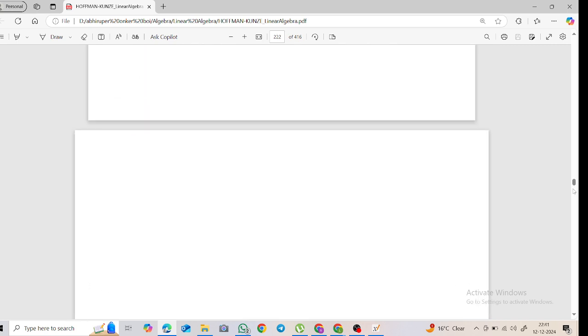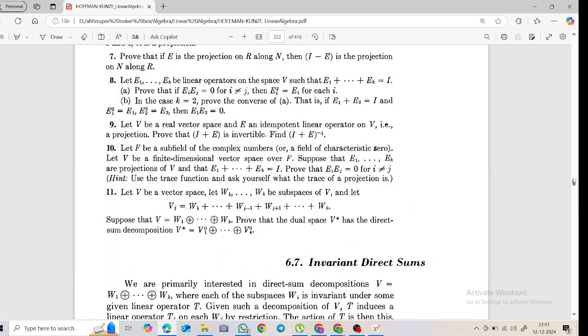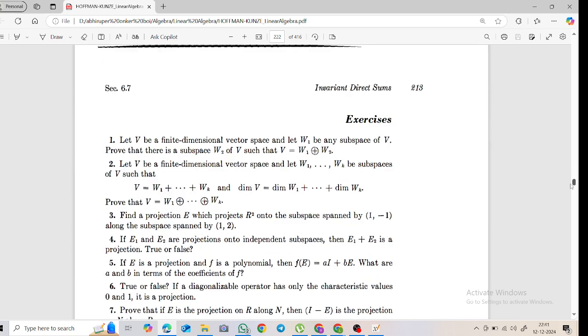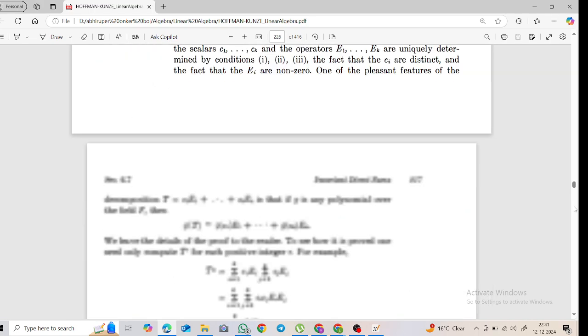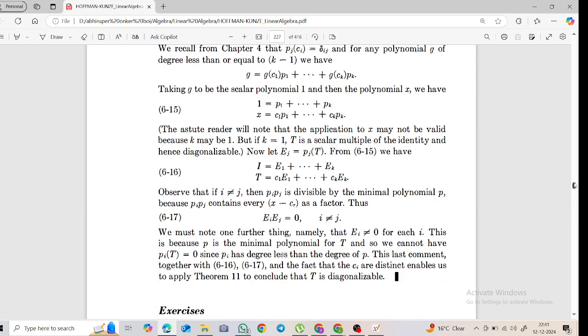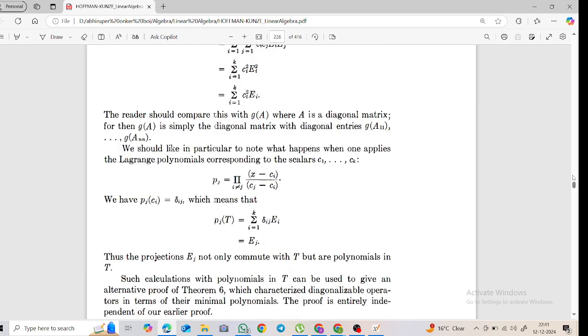So this was one way to do it. And wait a minute. We have seen a result, I think. Just a minute, I'm looking for it. Yes, this PJT is EJ, na? We will use this, where PJs are Lagrange's polynomials, PJT is EJ.